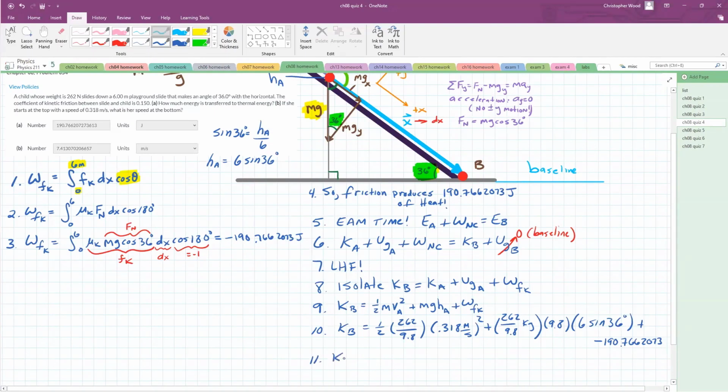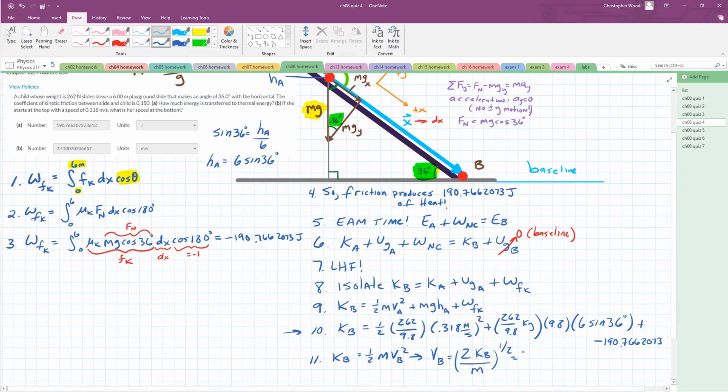And remember, kinetic energy at B is just 1/2 m v_B squared. And that means the following. The velocity of the child at the bottom of the slide is going to equal 2 times that kinetic energy, which is sitting there from step 10, again the kinetic energy at B, all over m, and then just take the square root of that.